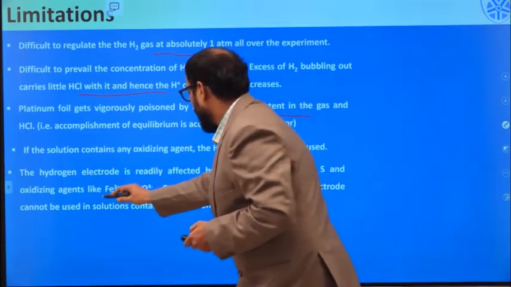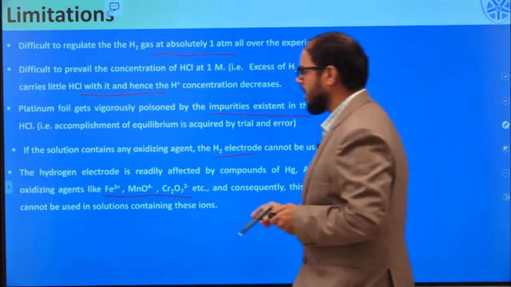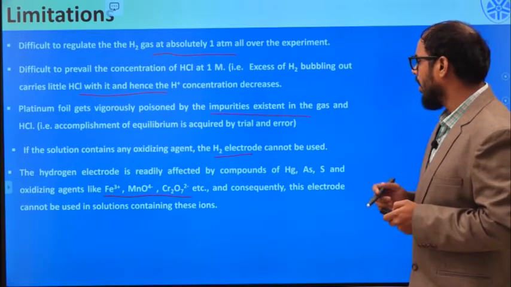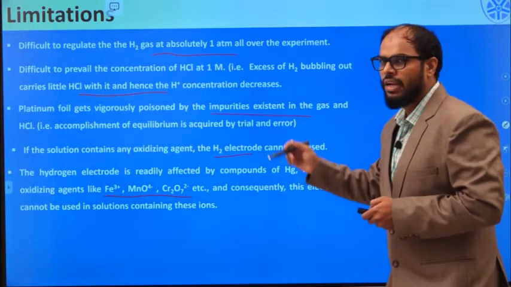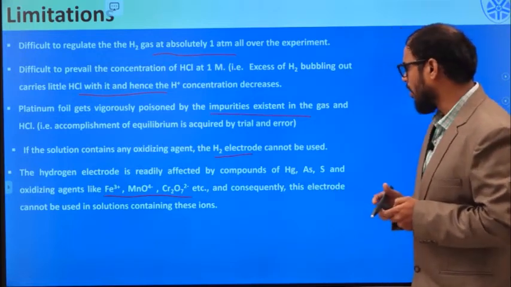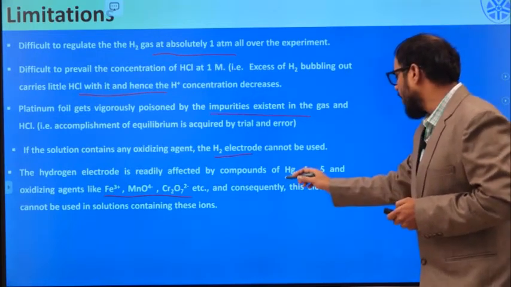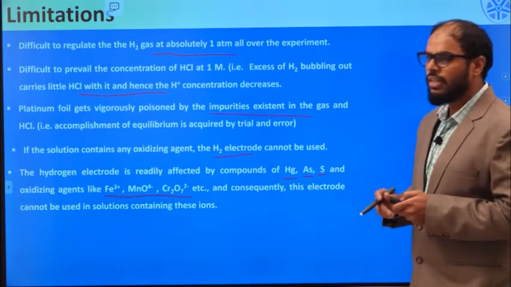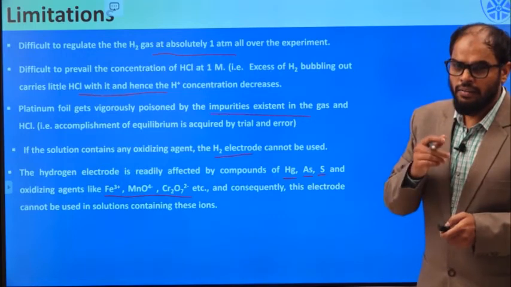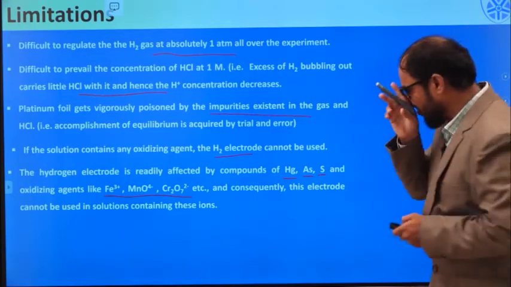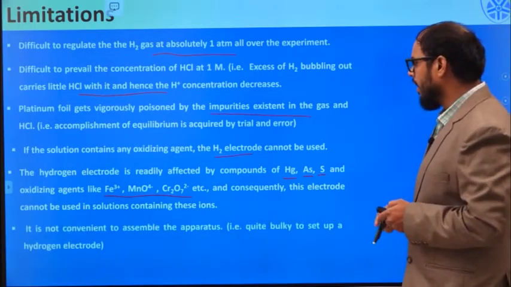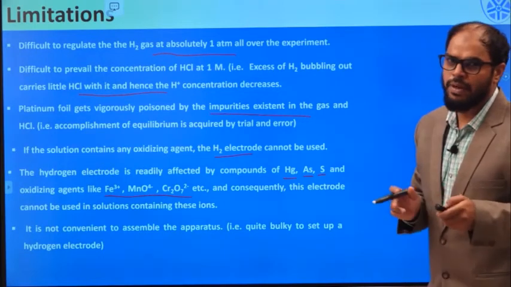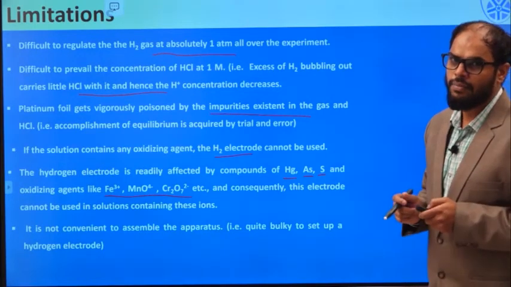Strong oxidizing agents such as permanganate and potassium dichromate will readily affect the working condition of the SHE electrode, and it is also affected by mercury, arsenic and sulfur, which will affect the working nature of the SHE electrode. And it is not very convenient to assemble the apparatus in a short period of time.